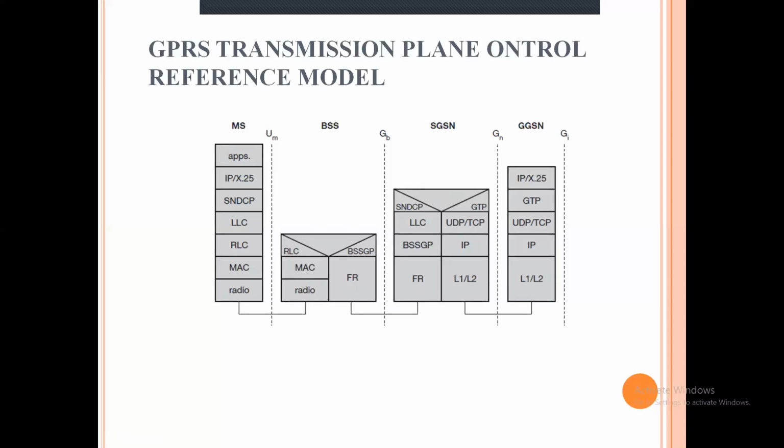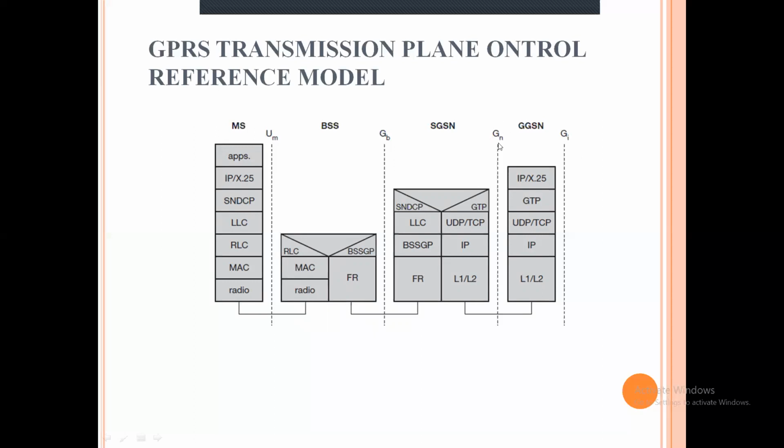First, see the components of this diagram. This is the mobile station, this is the base station subsystem, this is the SGSN, serving GPRS support node, and this is the GGSN, gateway GPRS support node. These are the several interfaces. This Gi interface, see my cursor point, is the interface between the GGSN and, on the right side, the public data network.